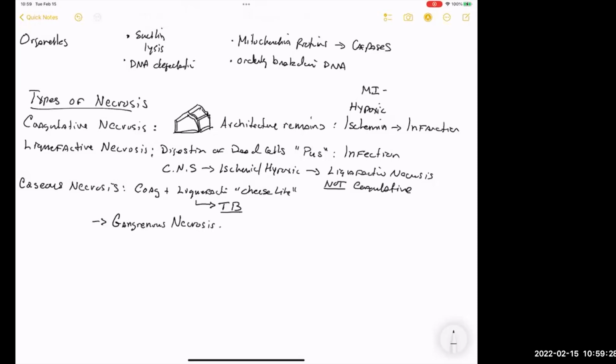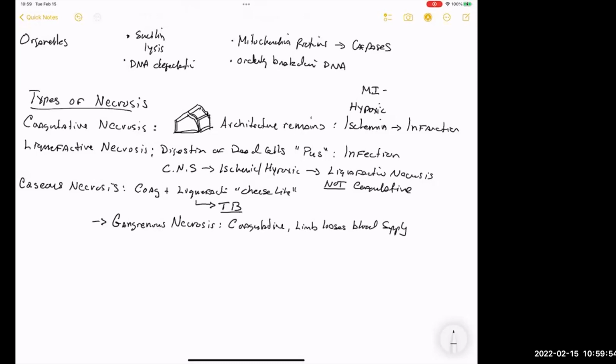And gangrene is actually just a type of coagulative necrosis. And it is a type of coagulative necrosis that occurs when an entire limb loses its blood supply for an extended period of time.